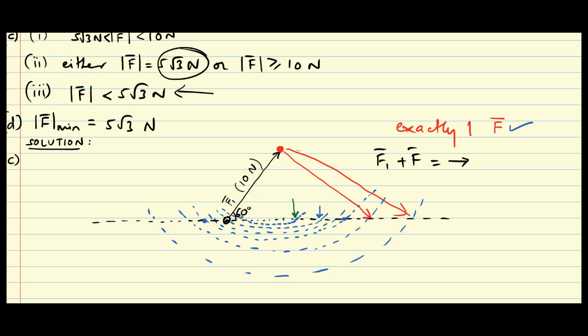So this is one point and that's the other point, and suddenly I end up with a situation where I get two possible directions for f bar. One of them is that and the other one is that.